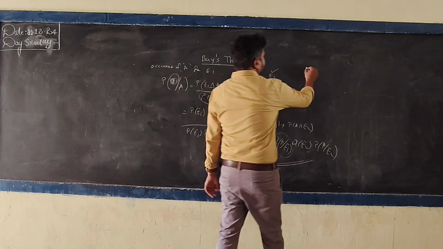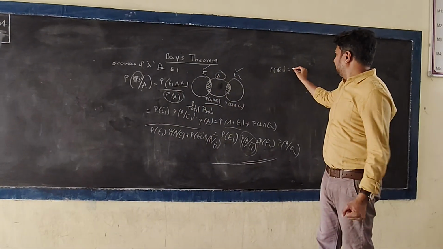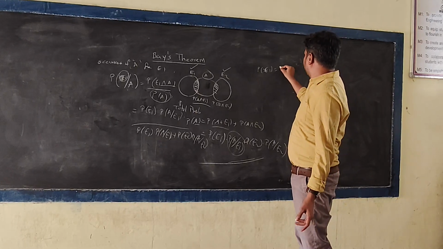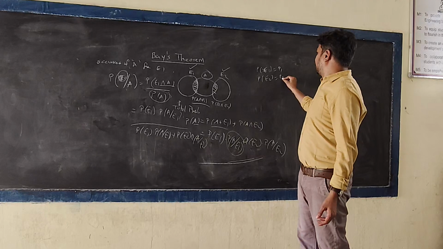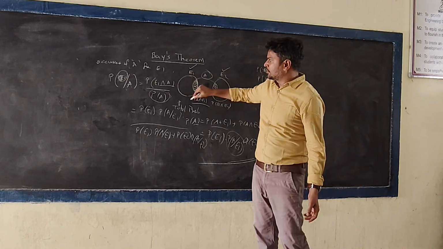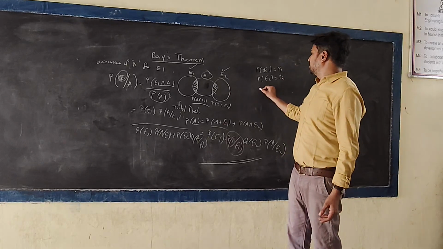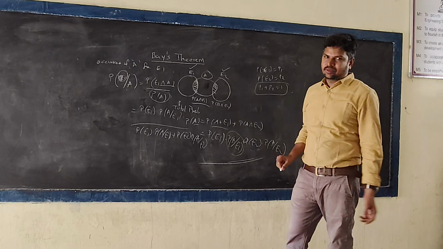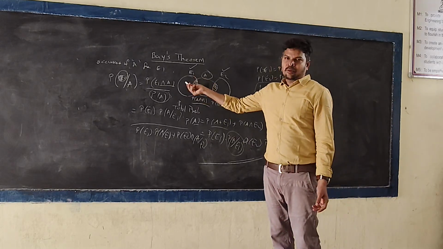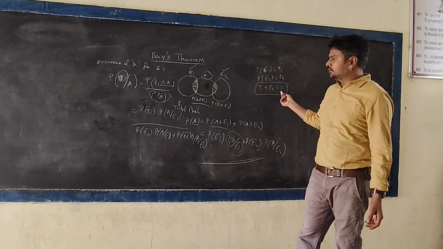If I take the probability of E1 as P1 and the probability of E2 as P2, then the combination P1 plus P2 is equal to 1.